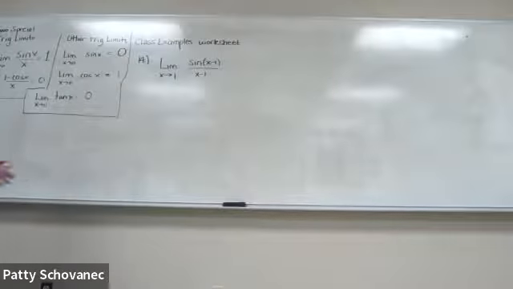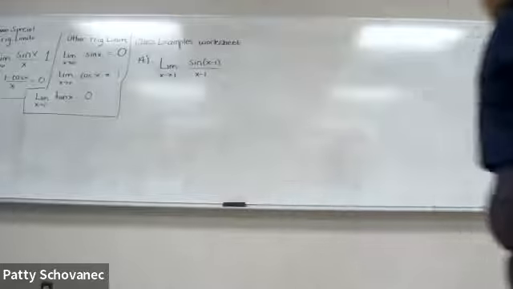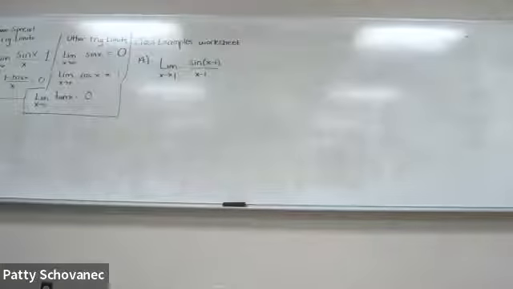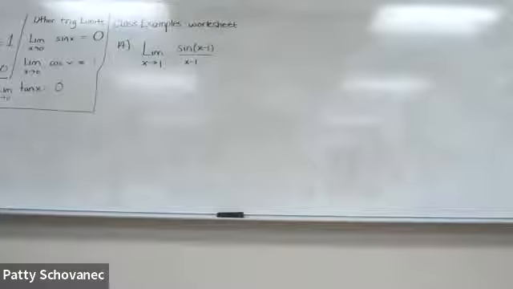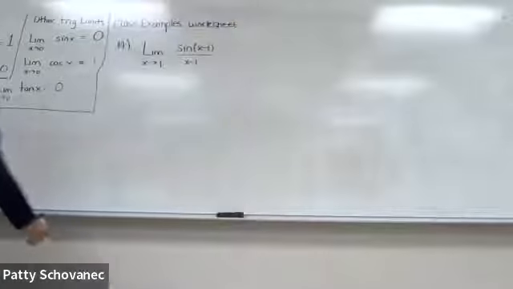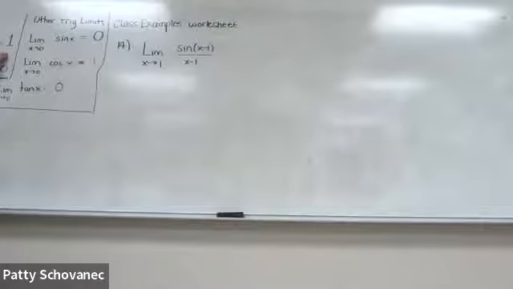So we try that bit where we plug the number in. If we get a number back out, then that's our limit. What happens when we plug that number in? You get 0 over 0, right? Because the sine of 0 was 0. We saw over here that when we had the sine of 0 over 0, that should be 1. So that's our intuition, that that's going to be 1. But we're going to do it formally.